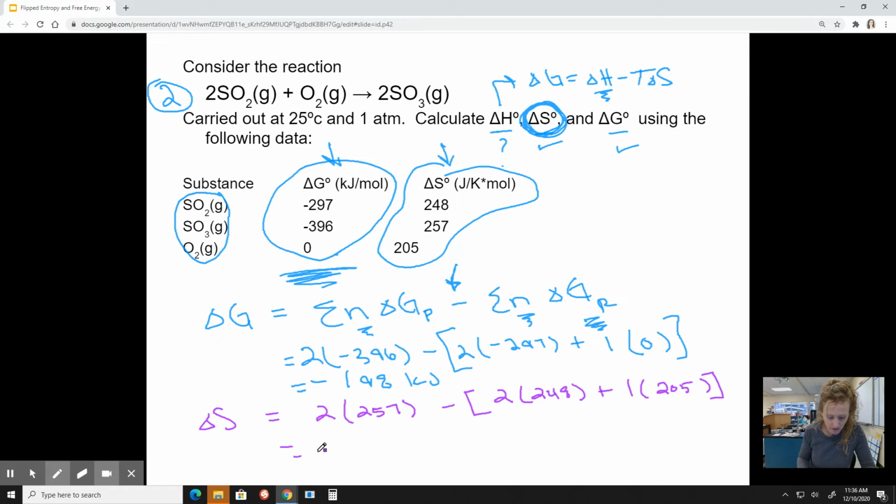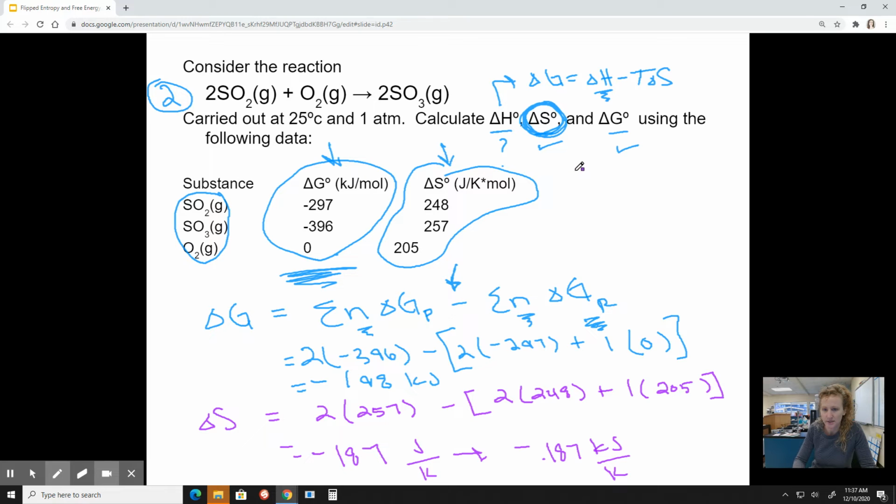All right, here we get a negative 187, and that's in joules per Kelvin, and we have multiplied off the mole. So let's go ahead and convert that into kilojoules. So negative 0.187 kilojoules per Kelvin.